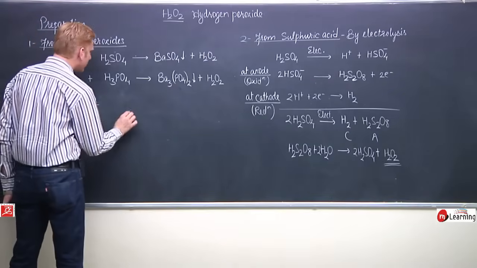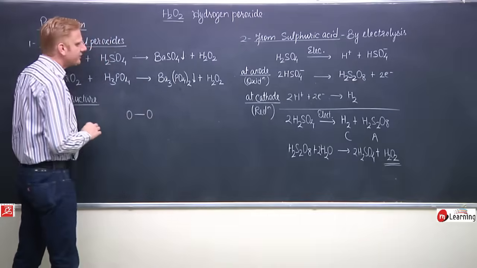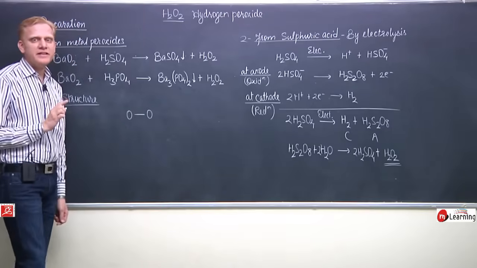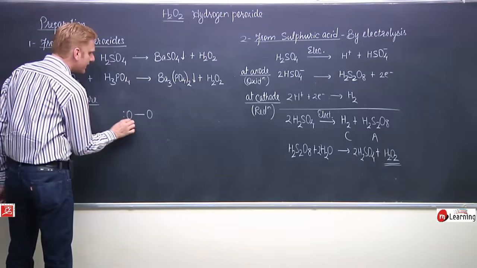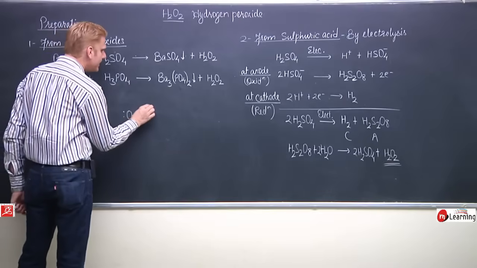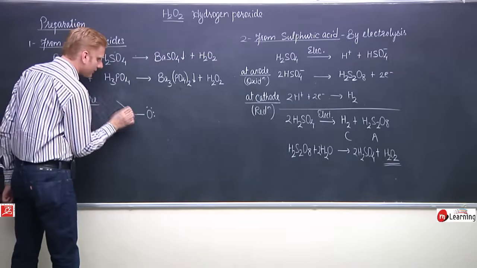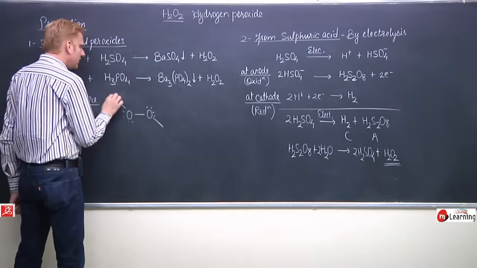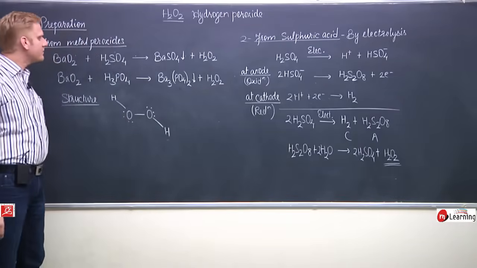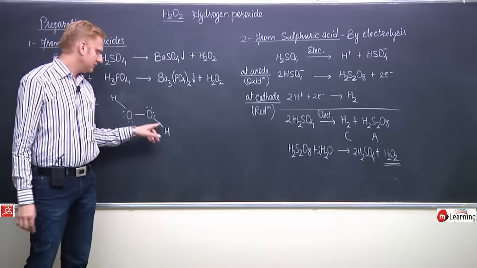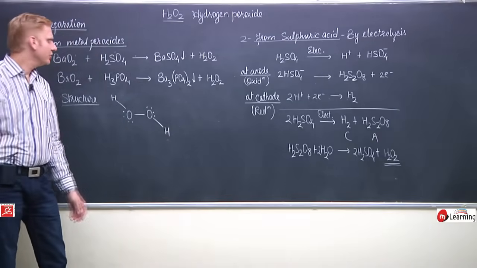In the structure of hydrogen peroxide, each of these two oxygens is sp3 hybridized, and each of the oxygen atoms is bonded with a hydrogen atom. One hydrogen is bonded with each oxygen.